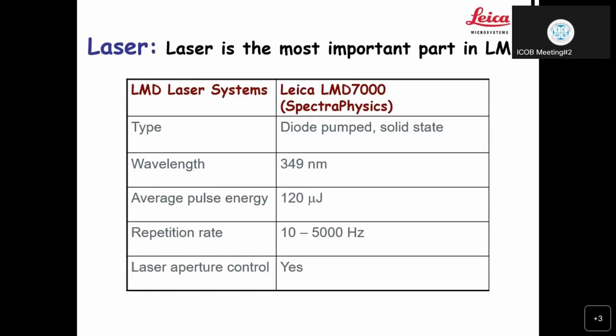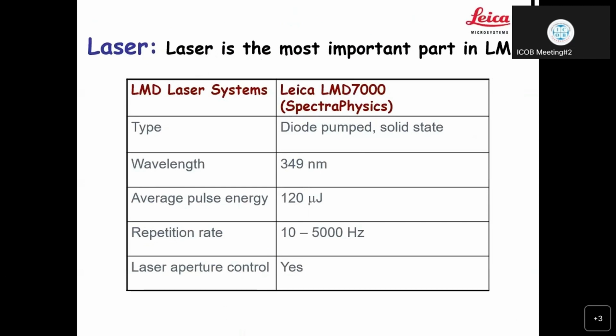The laser of the LMD system is a solid-state laser. The wavelength is 349 nanometers. Average pulse energy is 120 microjoules. Repetition rate is from 10 to 5,000 Hz. Laser aperture control can be adjusted.